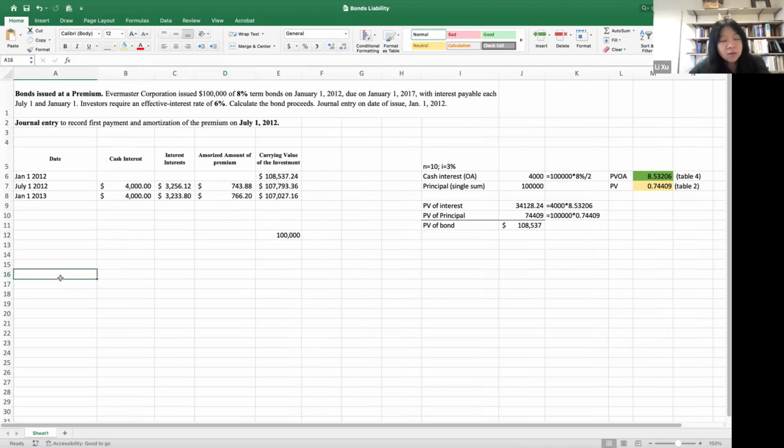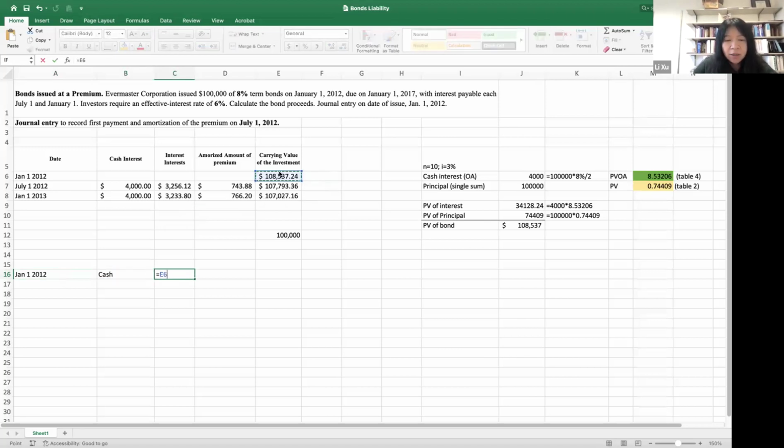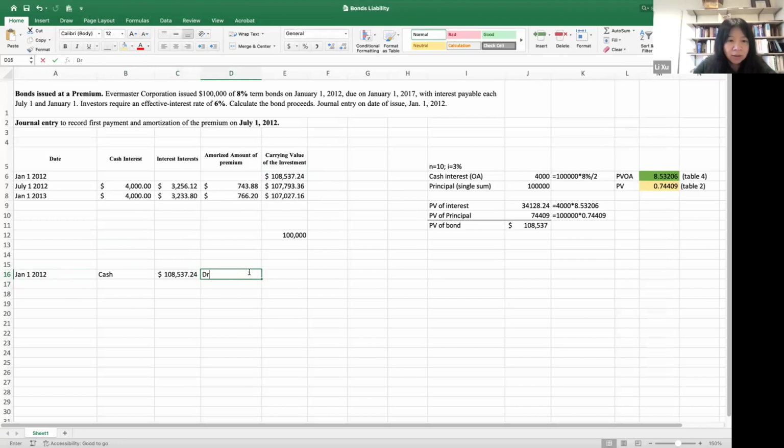For the journal entry here, you're going to start with January 1st, 2012. And the journal entry is just going to be cash. That's the present value you receive at the time when you issue the bond. And here it's going to be bonds payable.